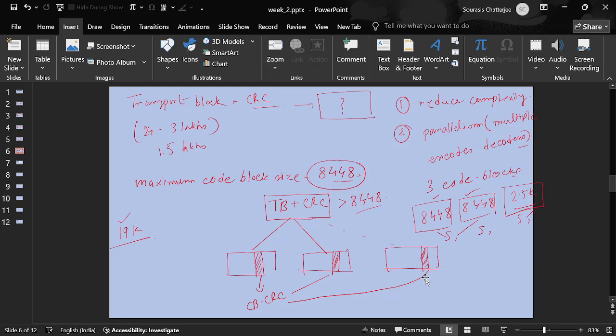For example, if my code block size is 8448, I can decode it maybe under an SNR of 0 dB, a hypothetical number. But if my code block length reduces to something like 2000, then the 0 dB SNR may not be sufficient for decoding.